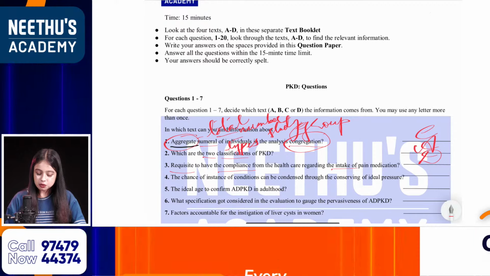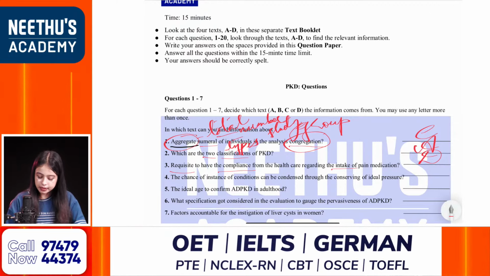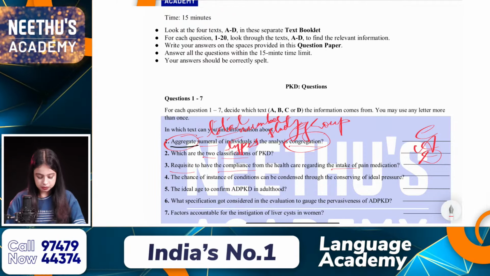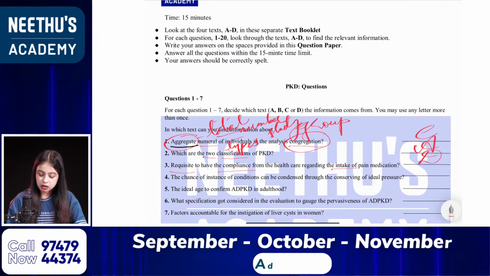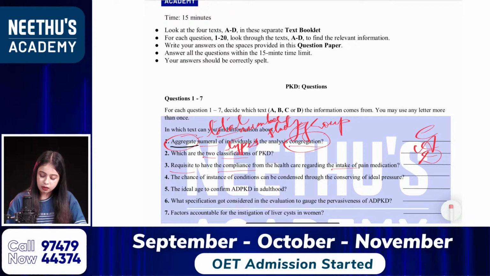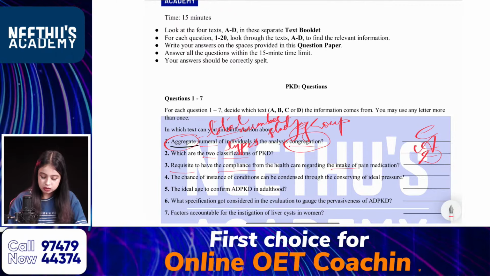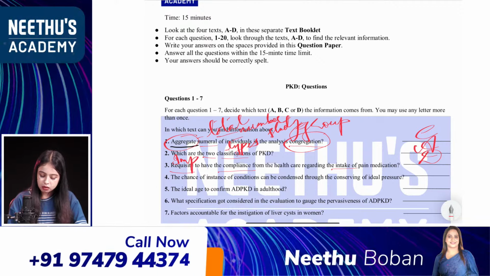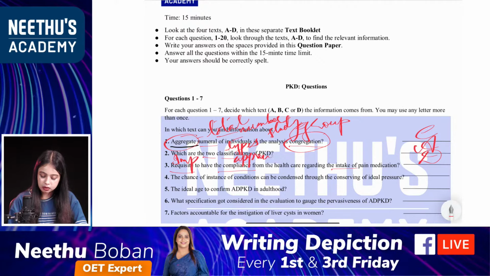So requisite, which means necessary, important. Compliance, what can I say? What is the meaning of the word compliance? Okay, compliance means approval. So requisite means important or necessary, and compliance means approval.